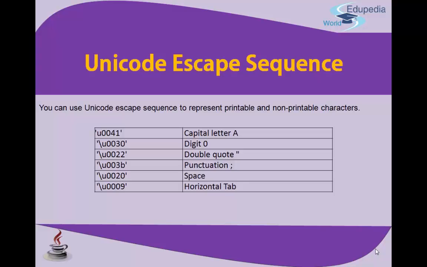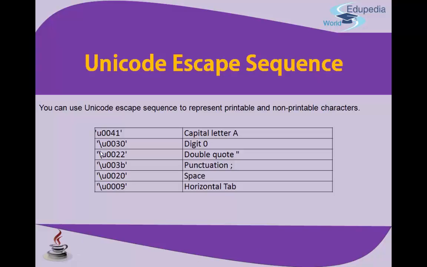I have just included a few so that you can get familiar with this. Single quote \u0009 single quote close, which is used for horizontal tab. So in this way you can understand the escape sequence as well while understanding literals. So they are also literals.